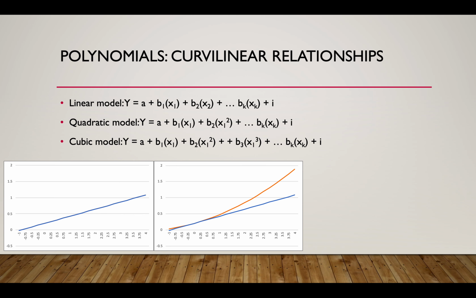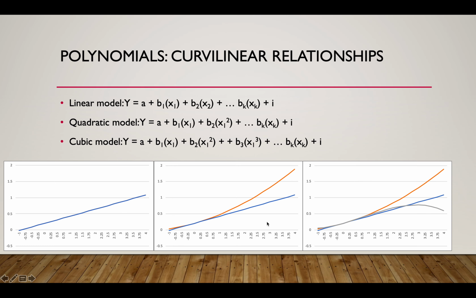In other words, this is a positive linear slope and a positive quadratic effect. Your line begins to curve upwards. Were we to have a negative quadratic effect, then your line would start to curve downwards.